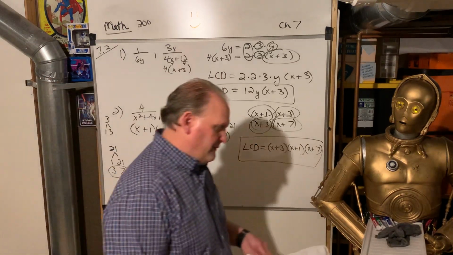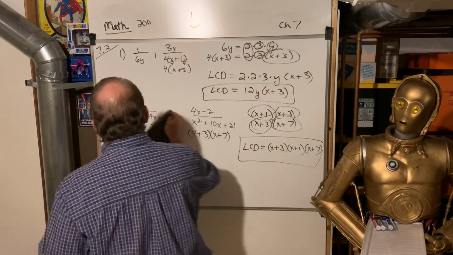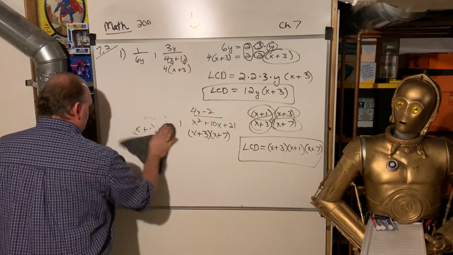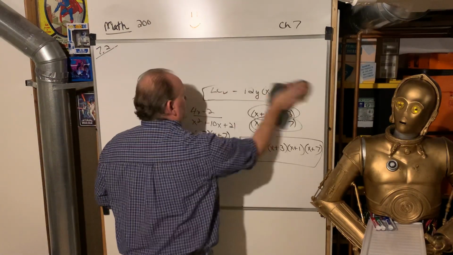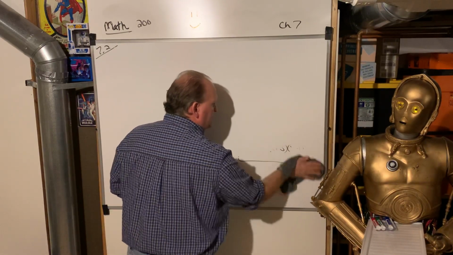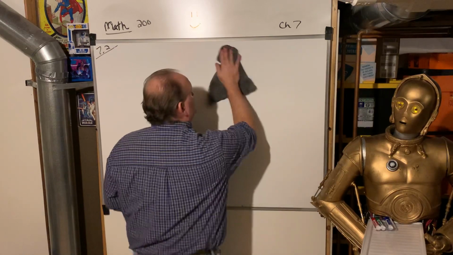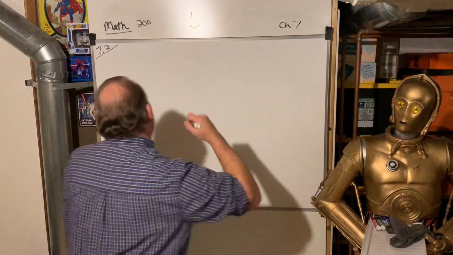Okay, let's look at 3 and 4. So we're finding LCDs. We break them down into their prime pieces, their binomials, and then we see what they have in common and take it, and then take all the leftovers.